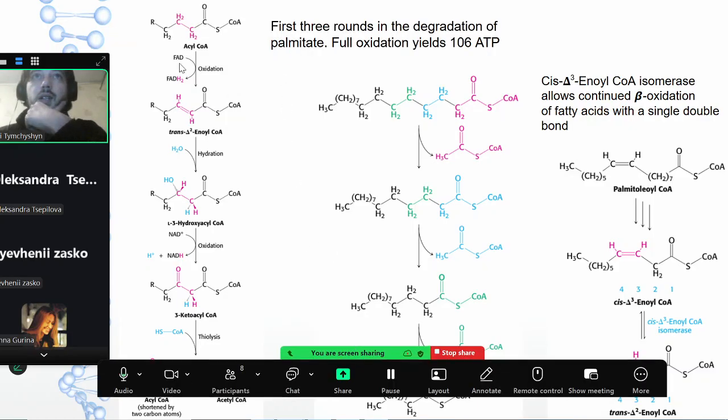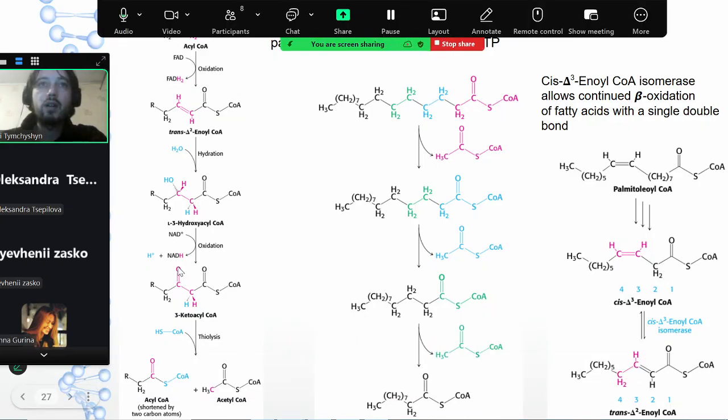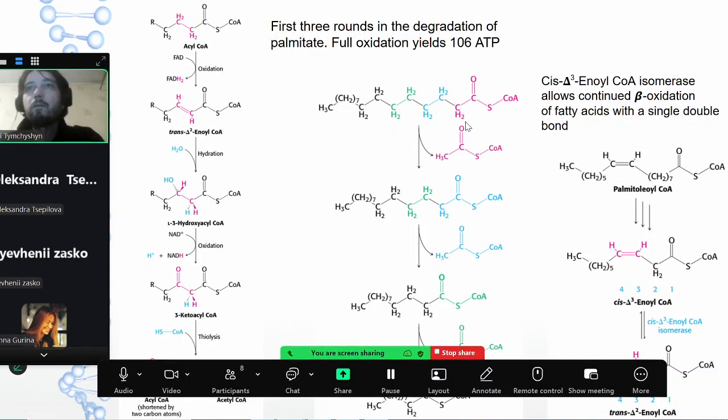I guess this one is the regular beta oxidation, so we have just some sort of creation of the double bond, we have hydration, we have once again oxidation and creating the double bond with the oxygen, and then we have cleavage and acyl and acetyl-CoA. So that's a simple case.